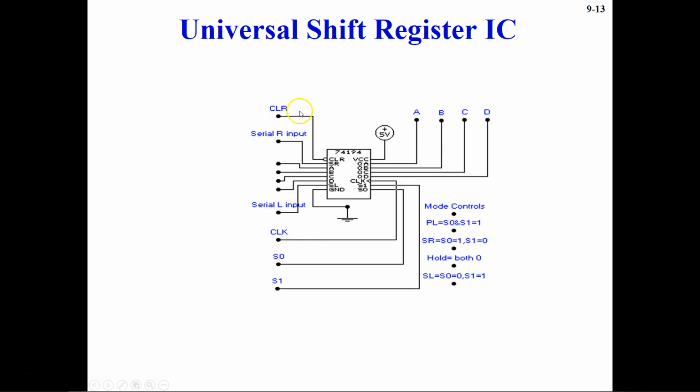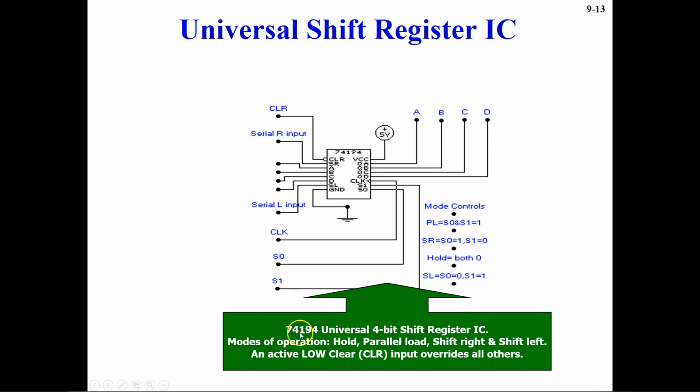Here, this clear is an active low input you are giving into this IC, and there are the serial R input and serial L input, and these are the binary outputs you get from here. 5 volts is the supply given into this IC. So let's read here: 74194 is a universal 4-bit shift register IC.